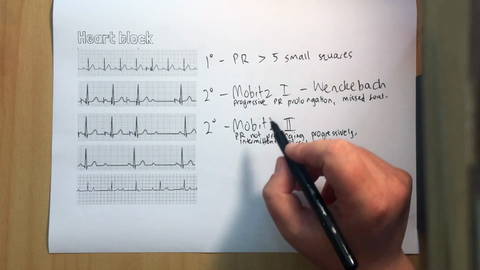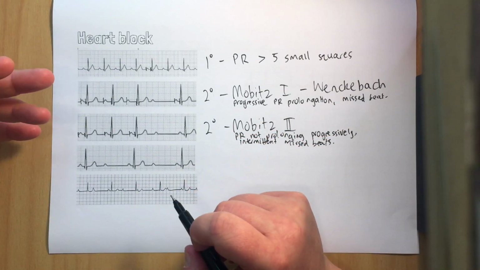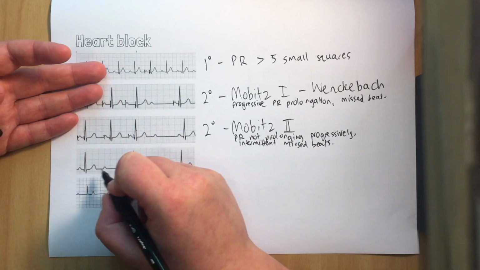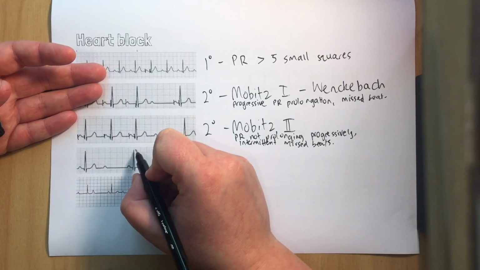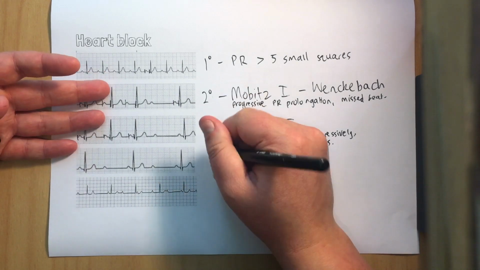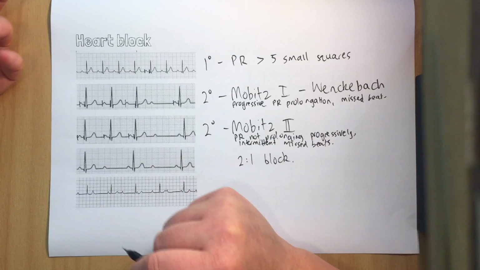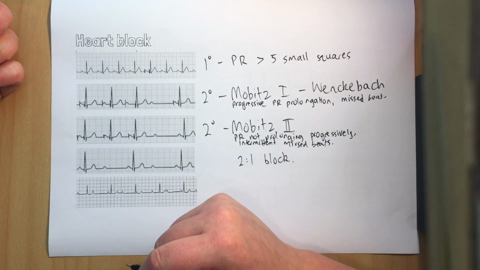So there are different types of this type of block. So you can have a beat dropped regularly. So in this situation, we've got a P wave, QRS, 2 Ps, QRS, 2 Ps, QRS. So this is a 2-to-1 block here. And by the same token, you could get a 3-to-1 and a 4-to-1.